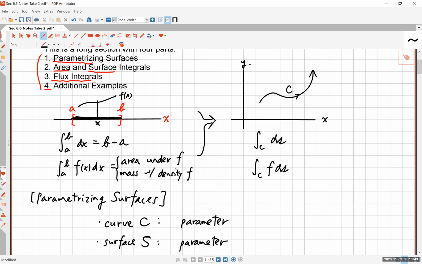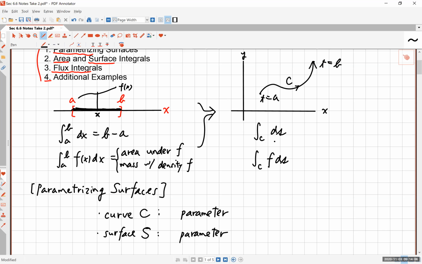So just imagine we parameterize a curve C on the plane with the parameterization using T, where T is equal to A here, and this endpoint where T is equal to B. And we actually defined the line integral. I said this is probably better called the curve integral, but the term everybody uses is the line integral.